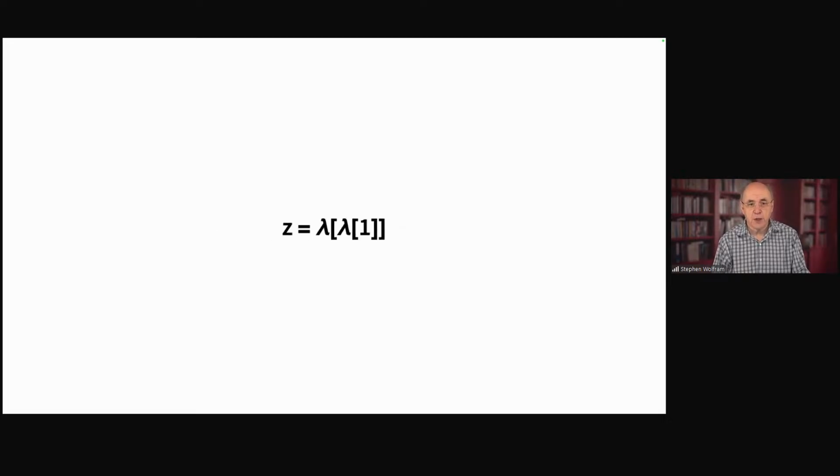So defining 0 as lambda of 1, or lambda of a, comma, lambda of b, we can now form a representation, let's say, of the number 3.